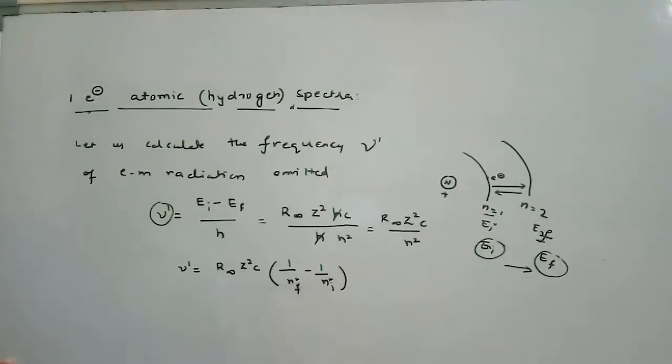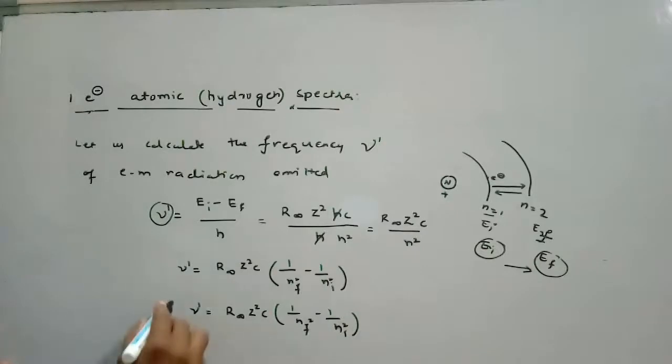Here R infinite is the Rydberg constant for an infinitely heavy nucleus. So up to now it's clear.